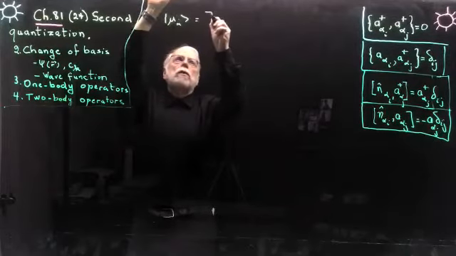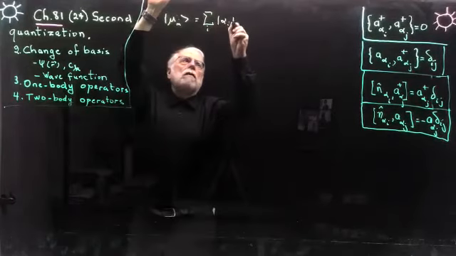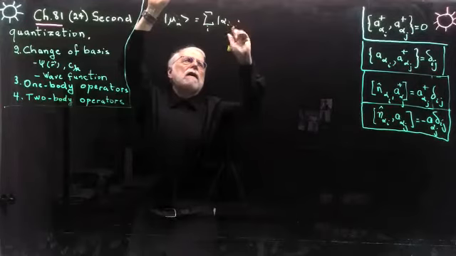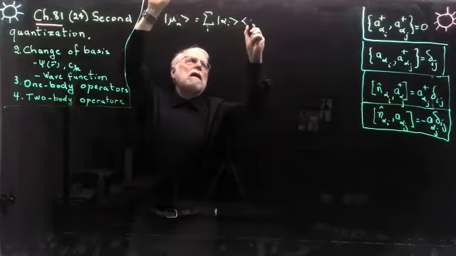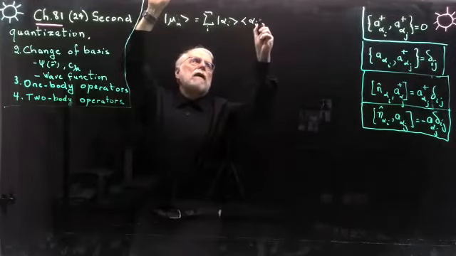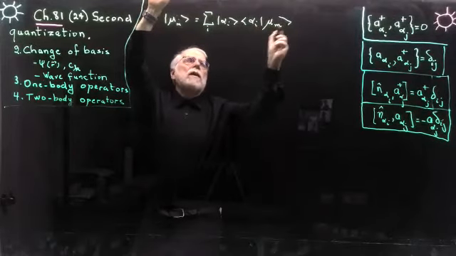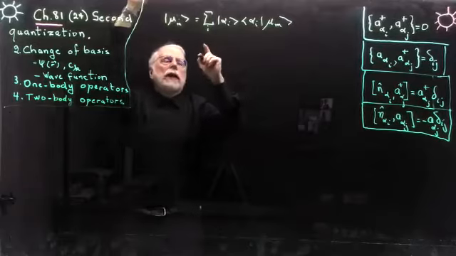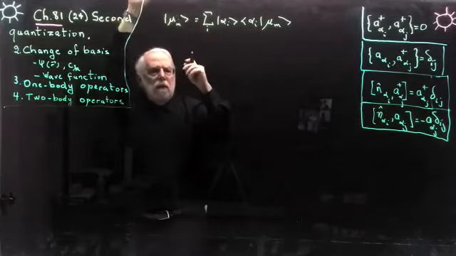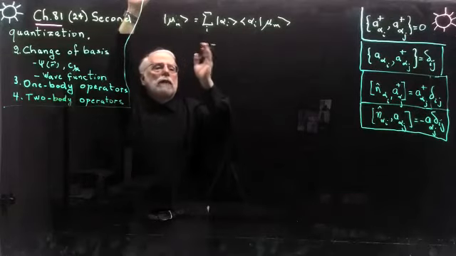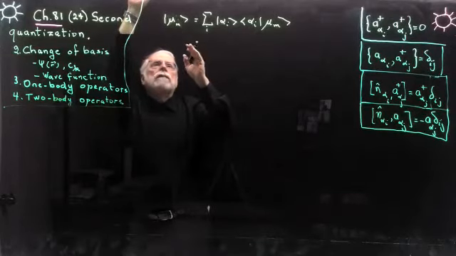So we have to use the closure relation for the basis alpha I, alpha I mu m. Now we saw that the creation operator puts a particle in a state and anti-symmetrizes with the rest of the particles.